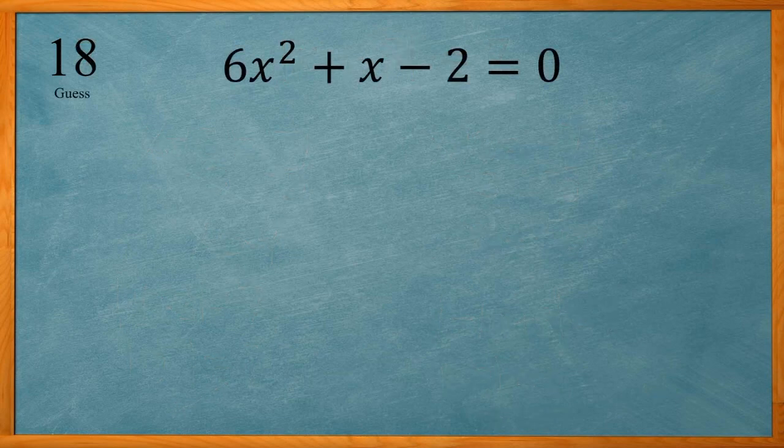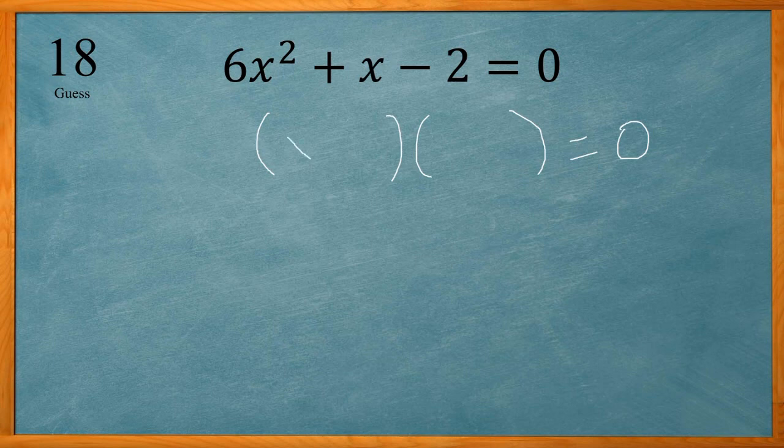So this problem looks kind of familiar. We've got an x squared term, an x term, and a constant. I guess it's a quadratic. We know we're going to have two sets of parentheses in order to solve this. So our first method, we're going to be just trying to guess what numbers need to work inside here.